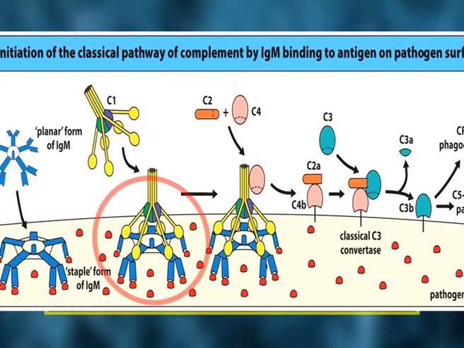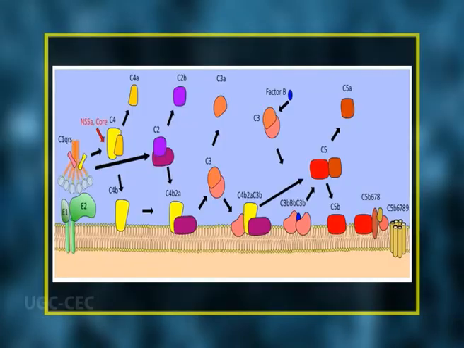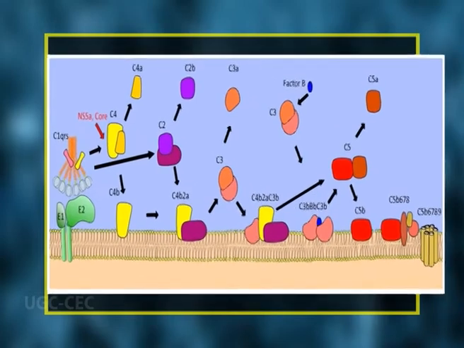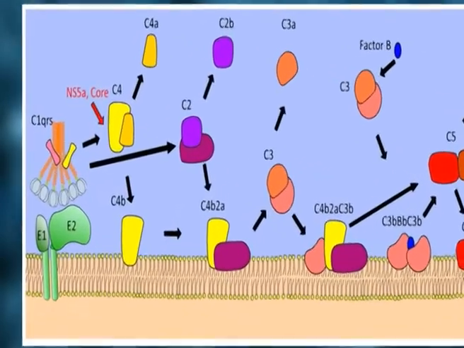The binding of the heads of C1q to the IgM or IgG molecule induces a conformational change that leads to an enzymatic activation of the associated C1r. The activated protease then cleaves C1s to a similar active enzyme, C1s.